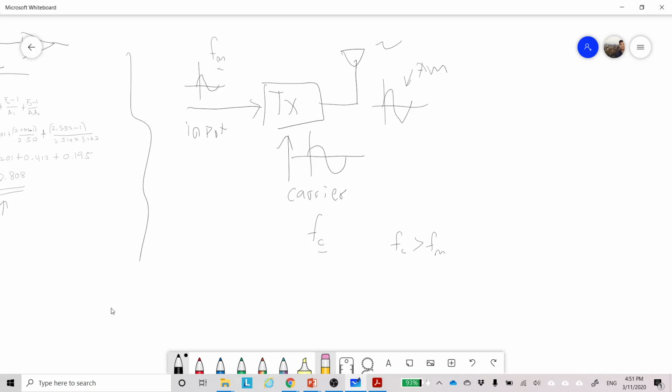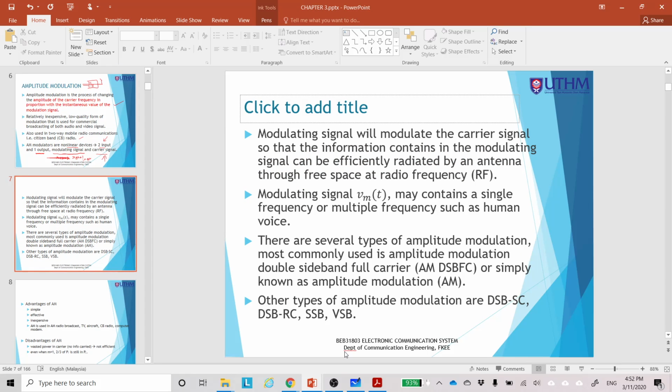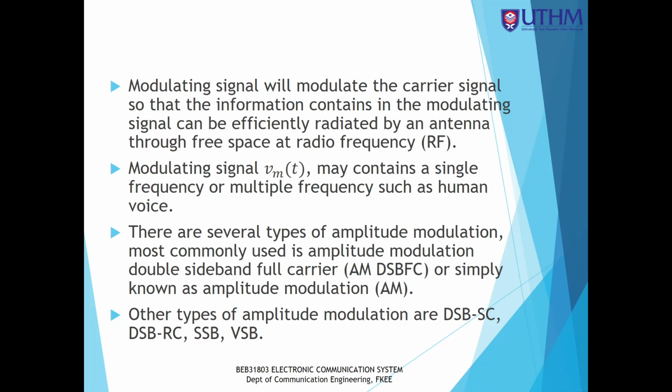Dalam nota, persamaan untuk input adalah VM(t), V message of time, function of time, dan carrier menggunakan persamaan VC(t). Modulating signal ataupun input signal persamaannya adalah VM(t).